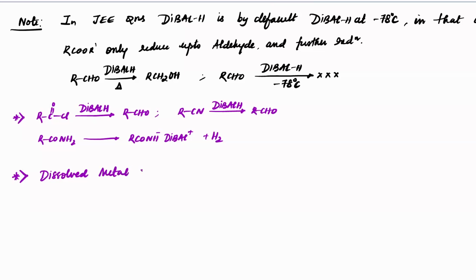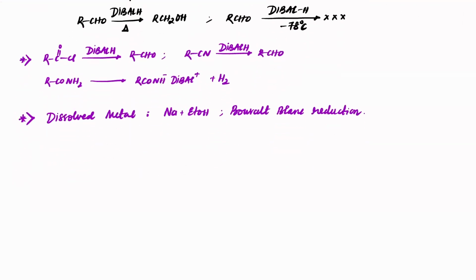Among dissolved metals, the one most used is sodium in ethanol, known as Bouveault-Blanc reduction. Bouveault-Blanc reduction. Okay.